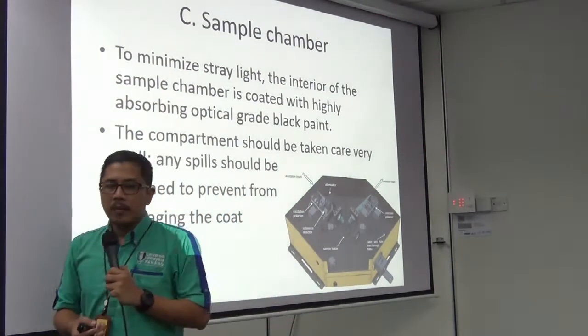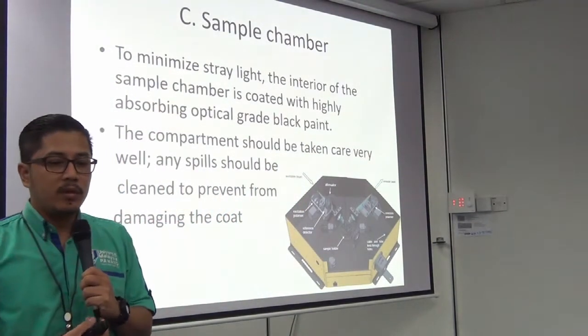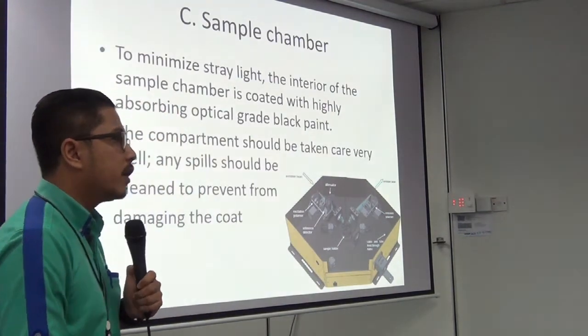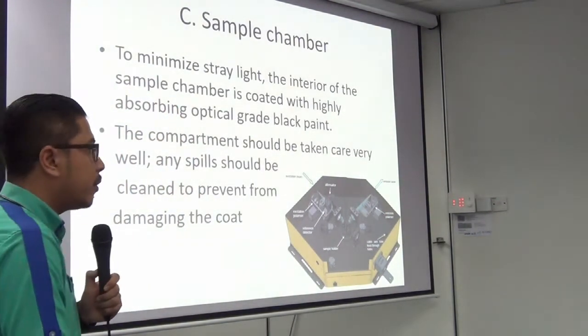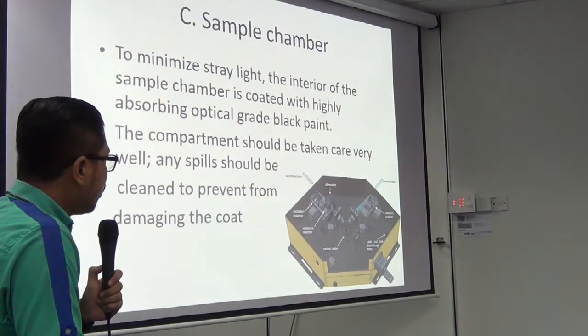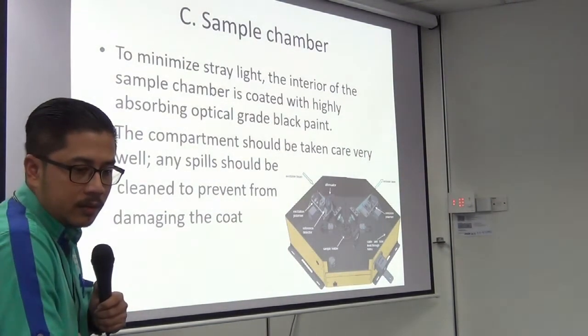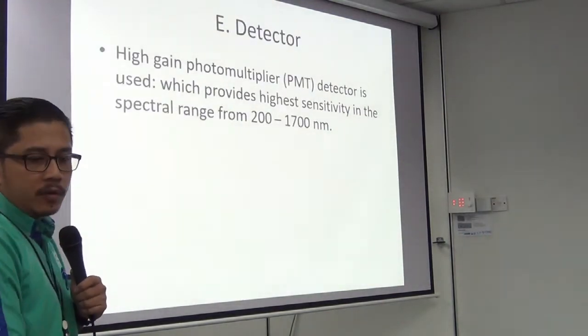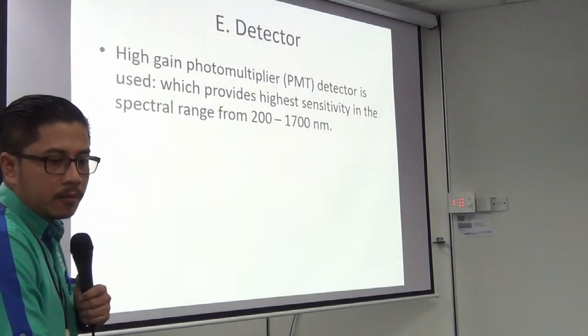Why? Because that black paint is to prevent damage that could be made by the solvent. It's a special type of coating, which could be considered chemical resistant. And for the detector, we use a photomultiplier detector.